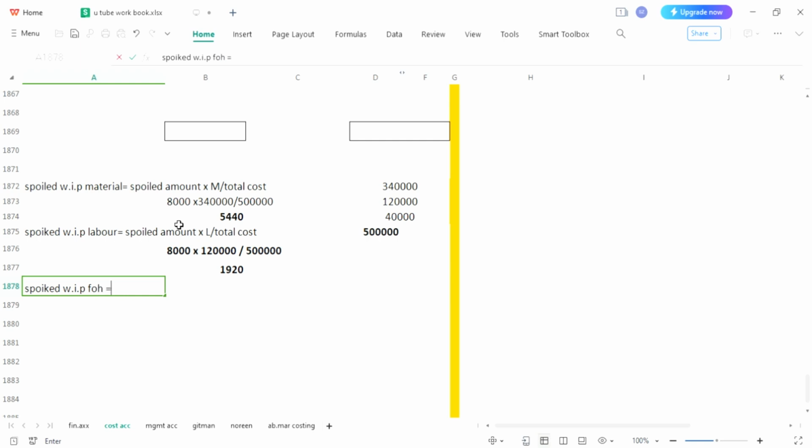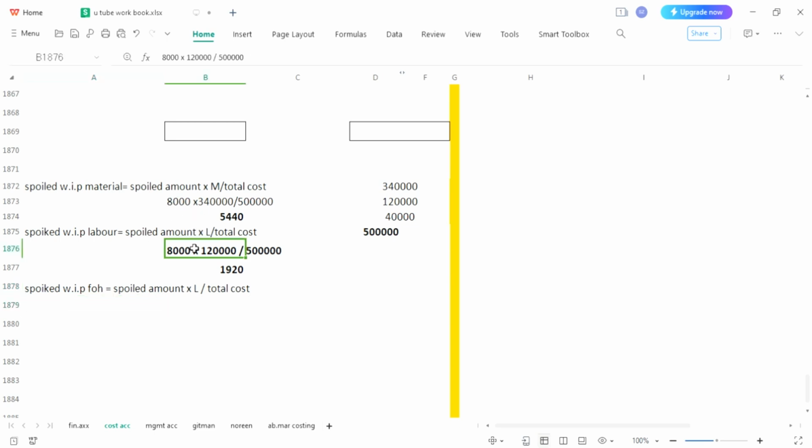For that, what do you need? Amount of spoiled recovery or spoiled amount. This would be multiplied by individual total of FH and divided with total cost. Spoiled amount, as we have used here, would be similar in all entries. 8,000 is amount of spoiled.